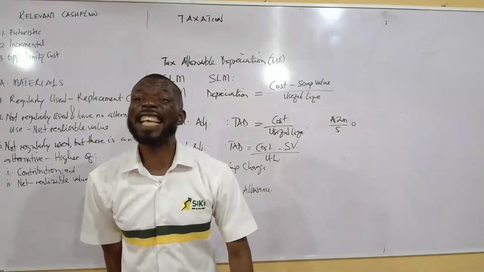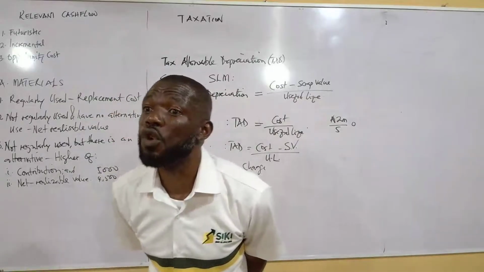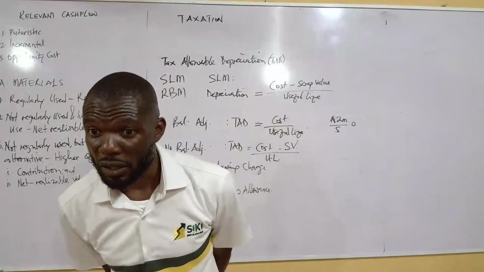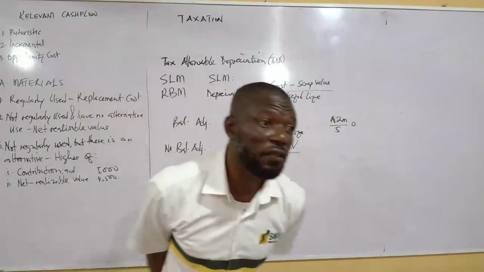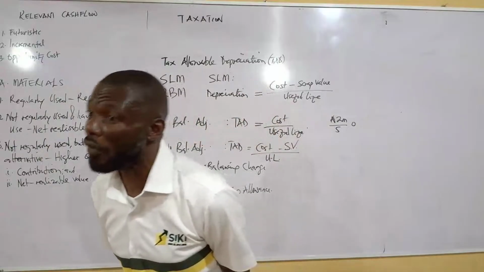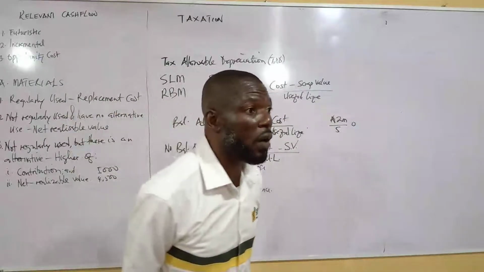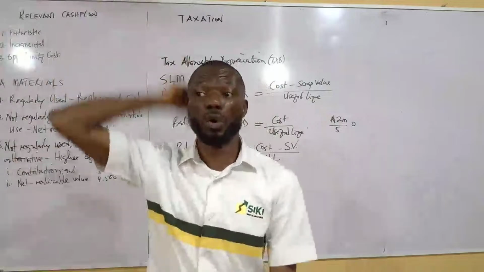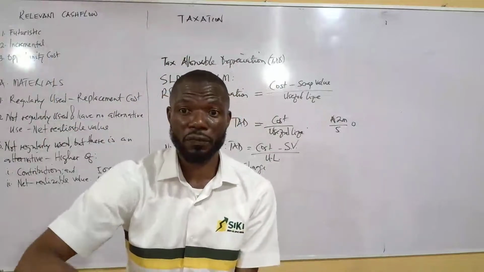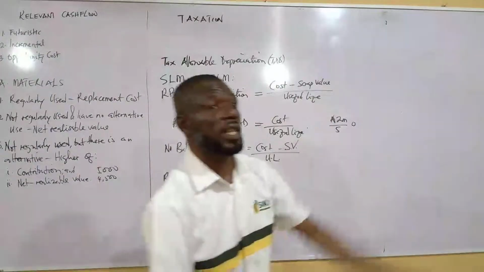Government will say this entire 500,000 you got from it is profit, because by virtue of your own declaration, we have allowed you to take off 400, 400, 400, 400.